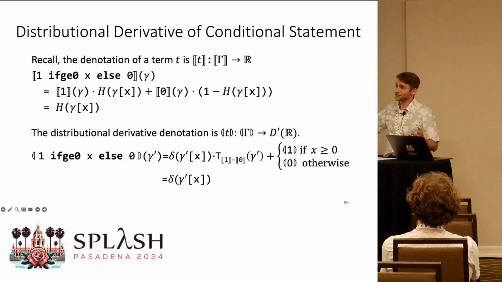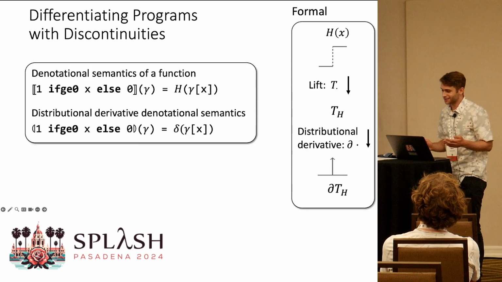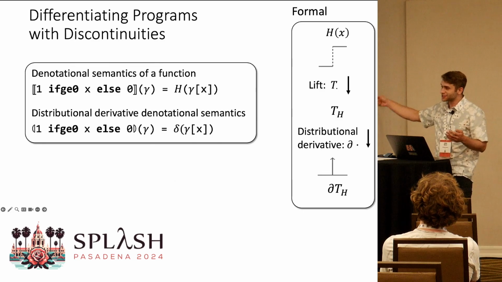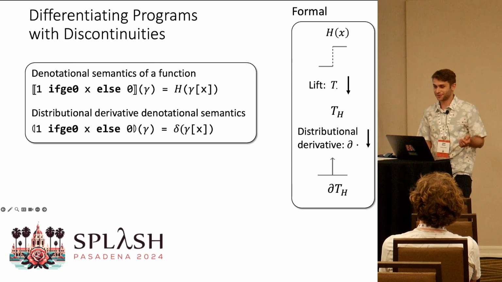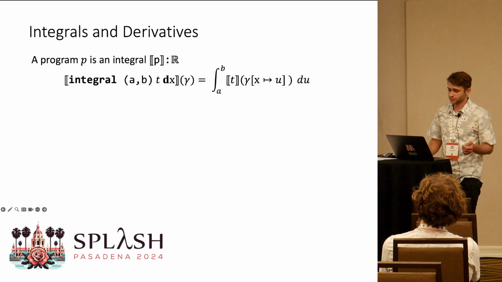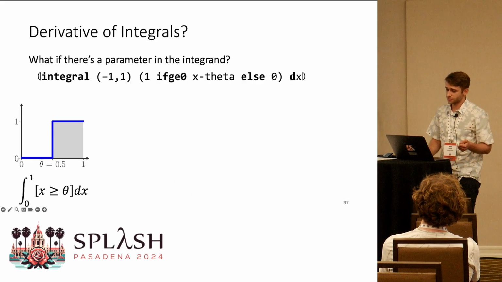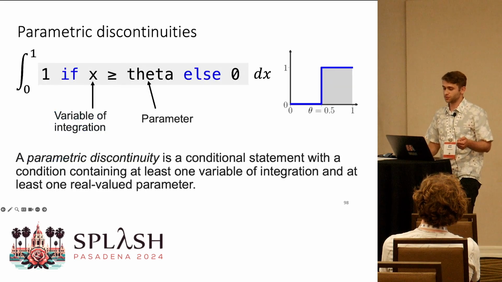And the takeaway is we get a Dirac delta, right? So in conclusion, our formal picture and our semantics match up, right? And we can do the same sort of thing with the integral and apply it to our example for the regular denotation. And the distributional denotation we'll leave to our paper.